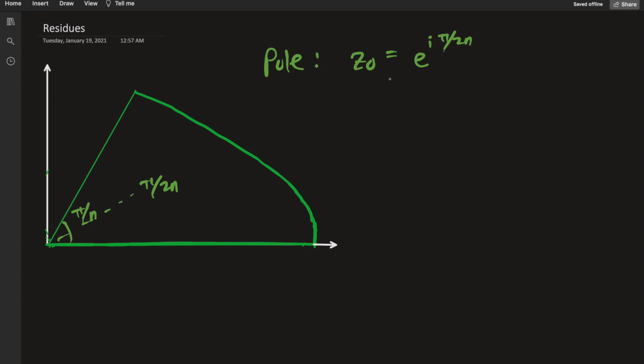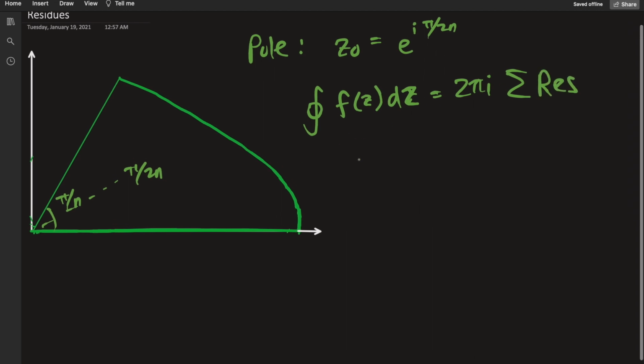So now for the residue theorem, what the residue theorem says is the contour integral of f of z dz on this same contour. And that's why I didn't write the limit as r goes to infinity, because now we're considering the infinite contour, like the contour with r tending to infinity. So that's captured in this notation. 2 pi i times the sum of residues inside this contour, since there's just one.